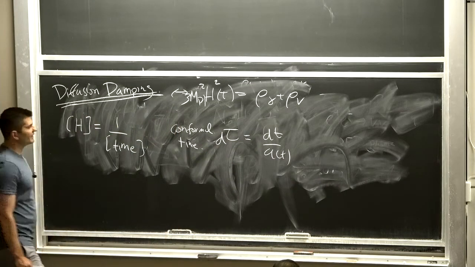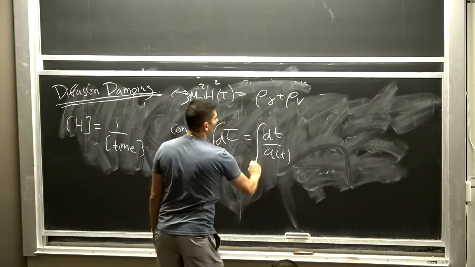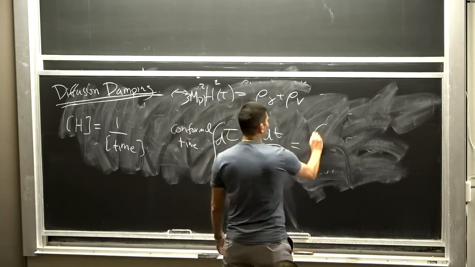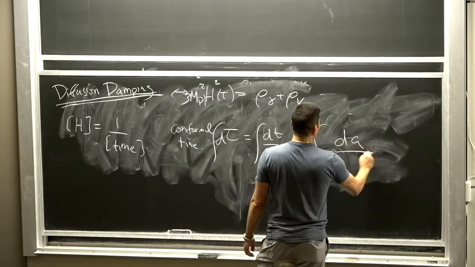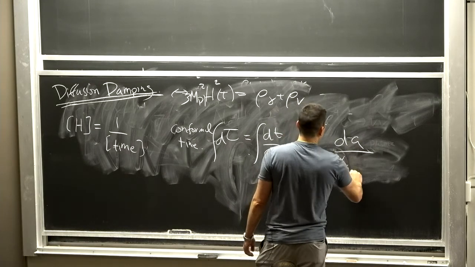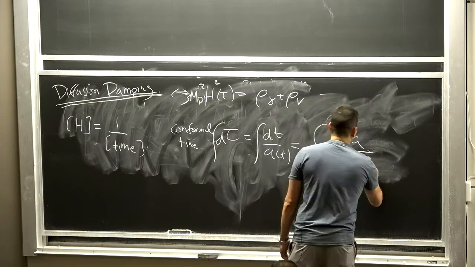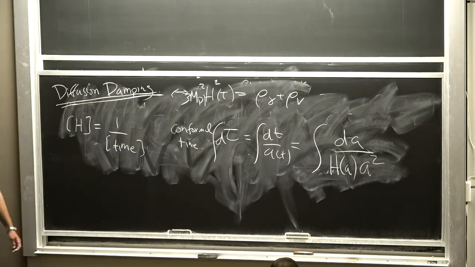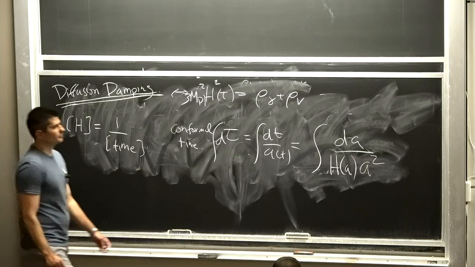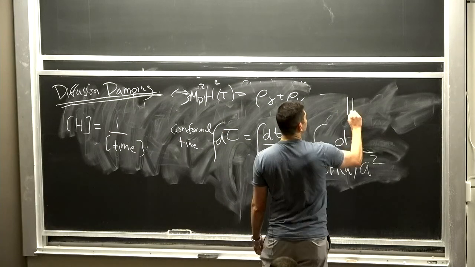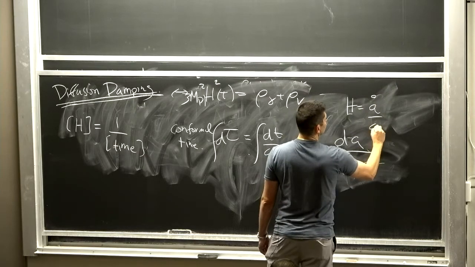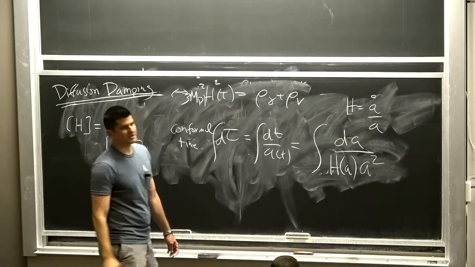But we can integrate this expression on both sides. And then, of course, you can rewrite this as an integral of da over H times a squared. So here I just used that. Okay, so that's just a change of variables.